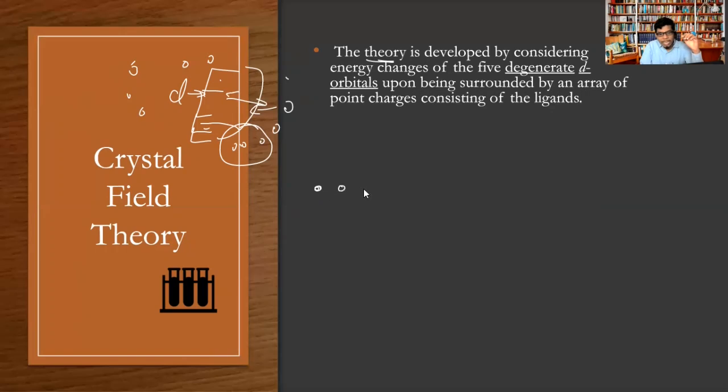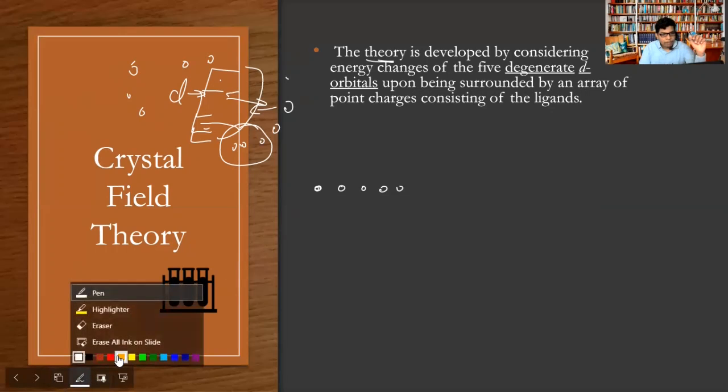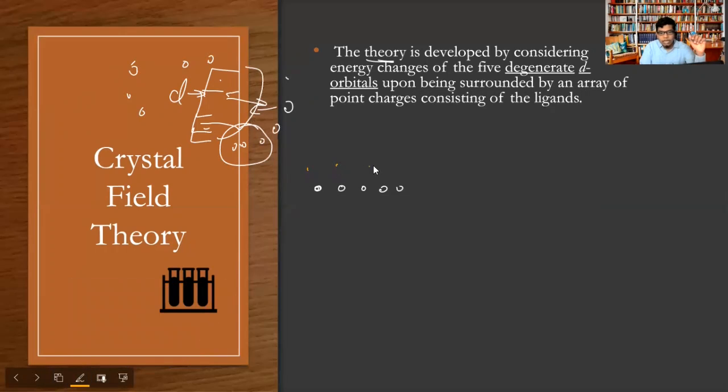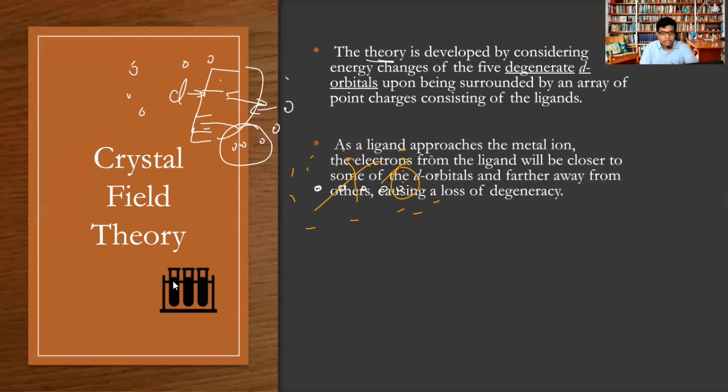If I have 5 degenerate d orbitals here, and then I have the non-bonding pairs of electrons, some might be closer to the d orbitals, some might be farther away. Due to this, there is a difference of energy levels, and by the difference, the degeneracies get broken down. That is what is being explained here.